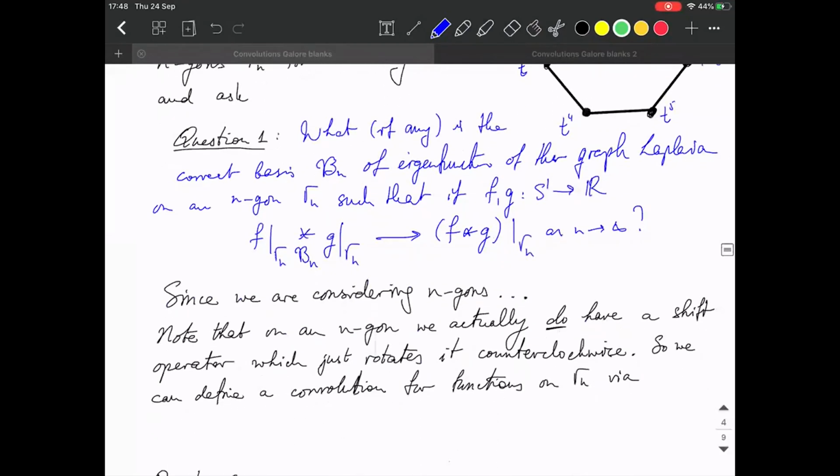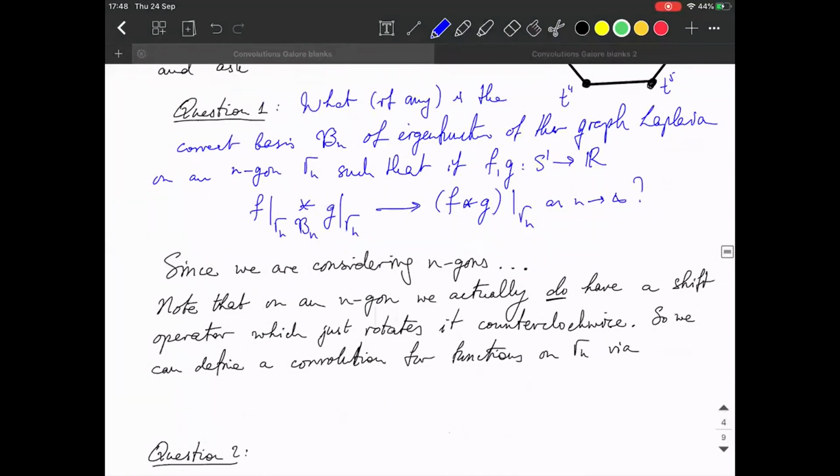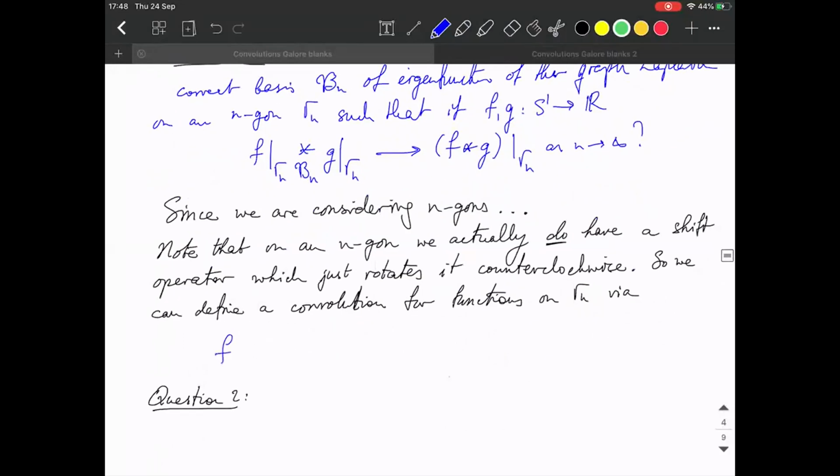And so we can define the convolution just on the n-gon in that case. And this one is canonically defined. If you give me two functions on the n-gon, we can define this to be the sum over j of the first function evaluated at t to the j, and the second one evaluated at t to the i minus j.